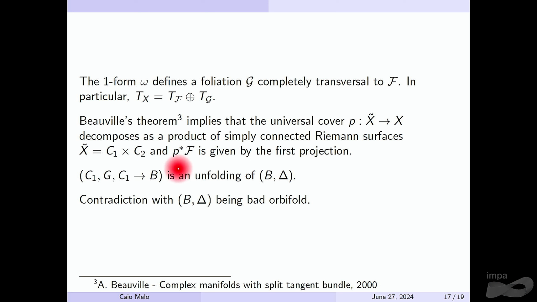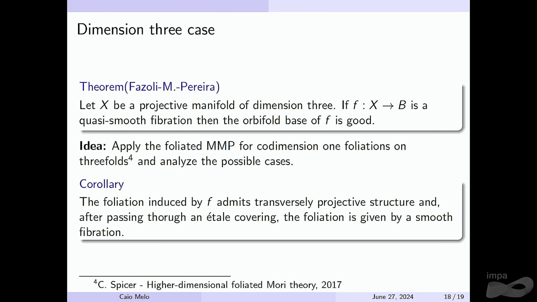And this will induce an unfolding for our orbifold base, which is a contradiction, as I told, to being a bad orbifold. So this proves the dimension 2 case, the case of the surface.